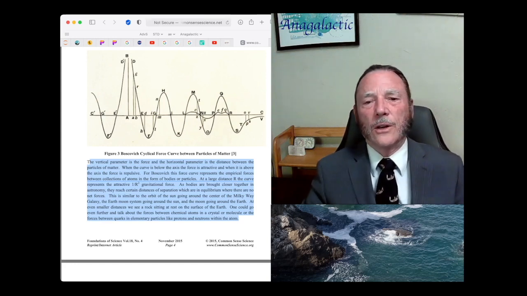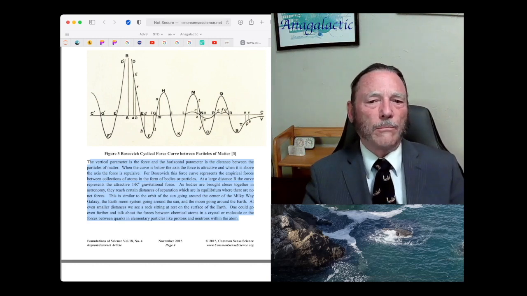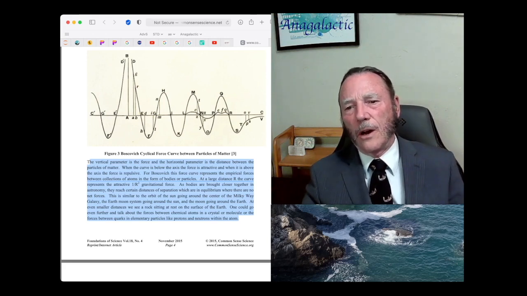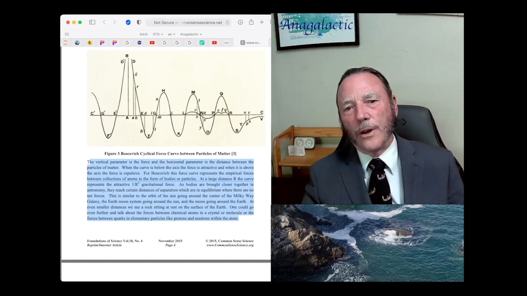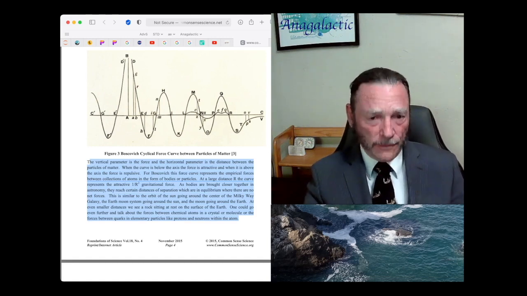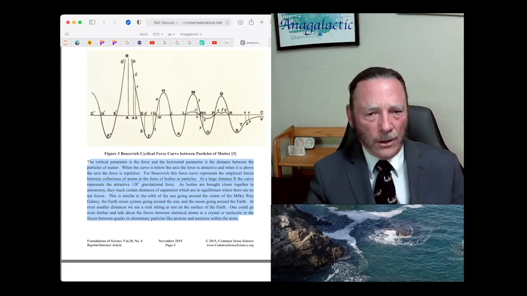The range is in femtometers, the smallest useful measuring unit in physical space known to science. And these curves are approximately 1 femtometer apart. And the inner one, where it shoots up off the graph vertically, the median line, that is the vertical line, that's the center of a particle.